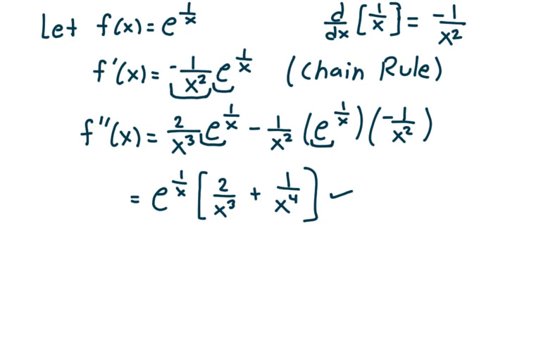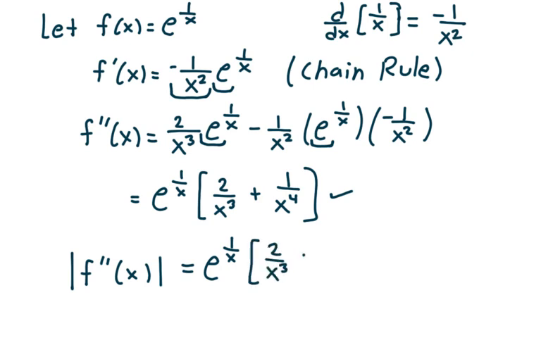Now, what I want to do from here is bound the absolute value of f double prime of x. The absolute value of f double prime of x is equal to e to the 1 over x times 2 over x cubed plus 1 over x to the fourth.